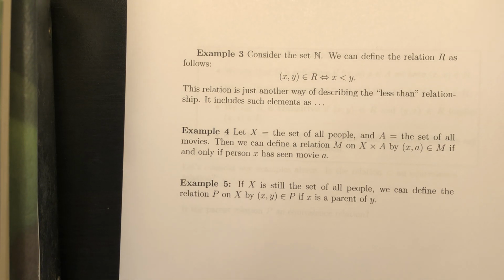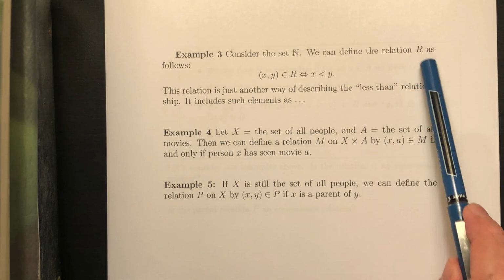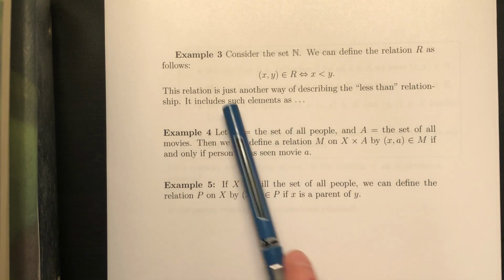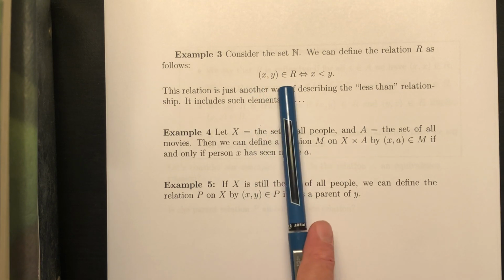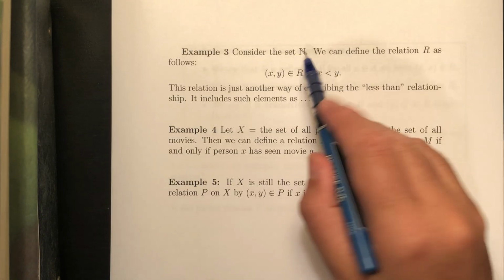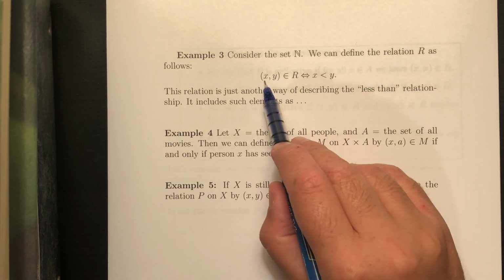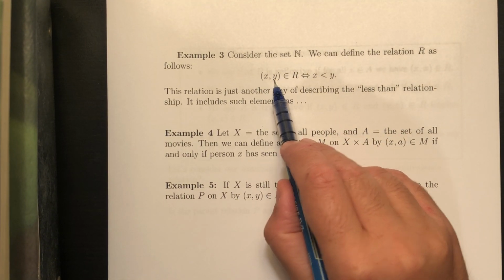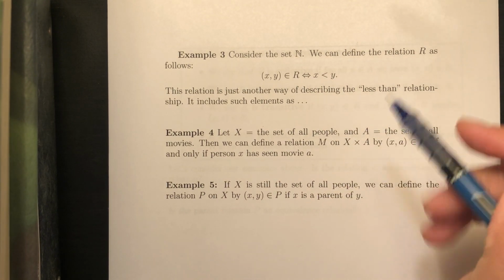Now, all of this seems like a lot of arbitrary definitions, but usually relations are actually describing a relationship. As an example, consider the set of natural numbers. We can define the relation R as follows: an ordered pair x comma y is an element of R if and only if x is less than y. So in this case, the relation is just describing the less than relationship. Any ordered pair where the first element is less than the second element and they both come from N is going to be in this relation.